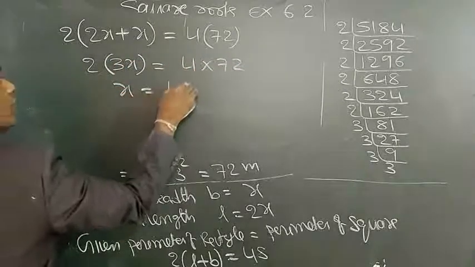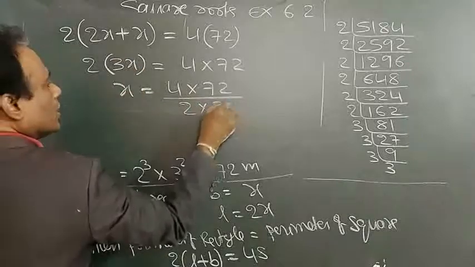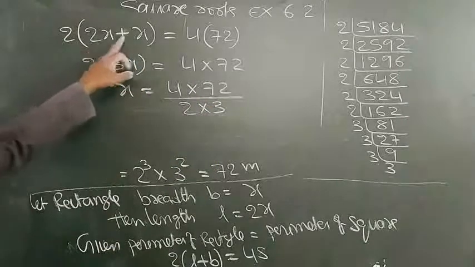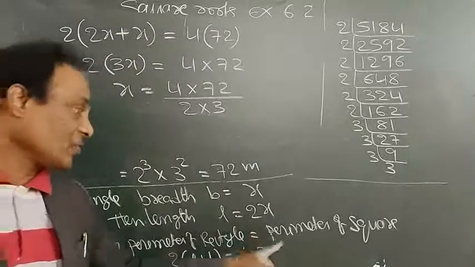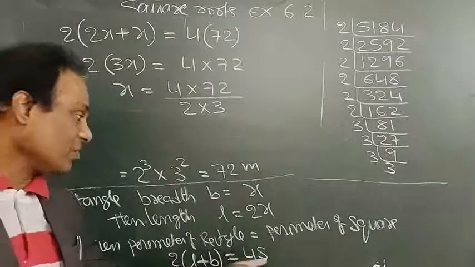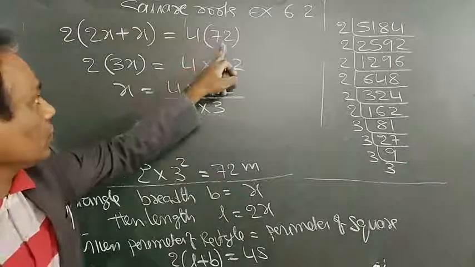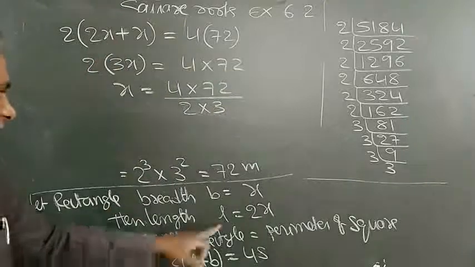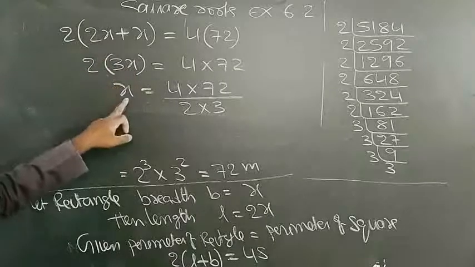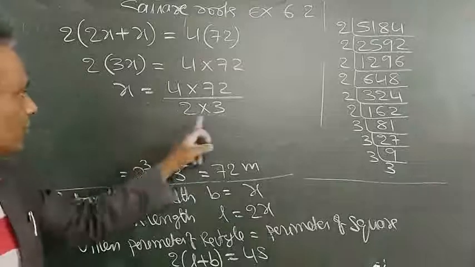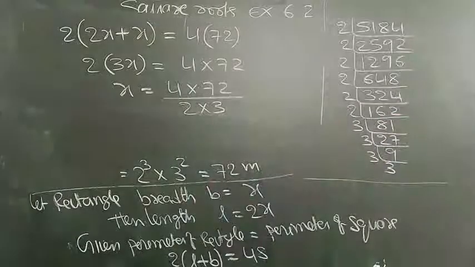So x is equal to 4 into 72 by... this 2 will go down, 3 will also go down. Perimeter of rectangle is 2 into (L plus B), perimeter of square formula is 4 into side. S is 72, just now we got S. So 4 into 72, keeping as it is. Length is 2x, breadth is x, 2x plus x is 3x. We want the x value. Take 2, it will be in the denominator, 3 also in the denominator, because if it is multiplied, it goes to the denominator. So simplify, students, tell me the x value.